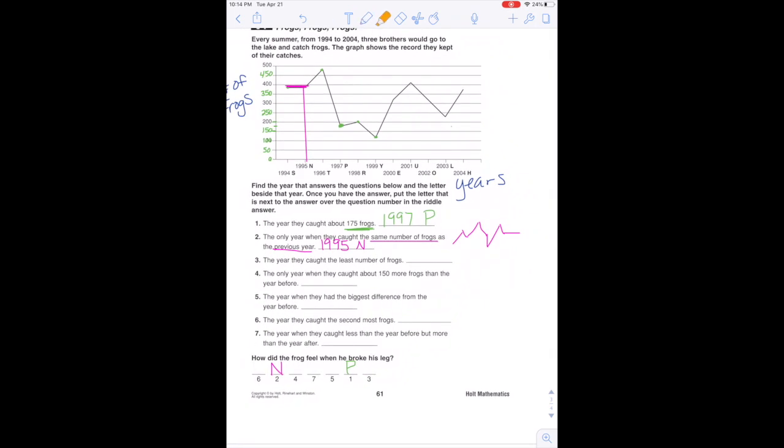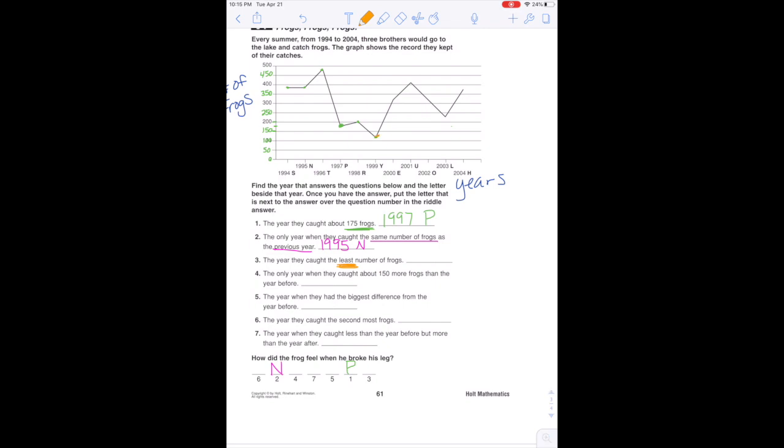All right, my next one. The year they caught the least number of frogs. So what year was it that they had the lowest amount? If I'm looking at my graph, where's the point on my graph that's the lowest?